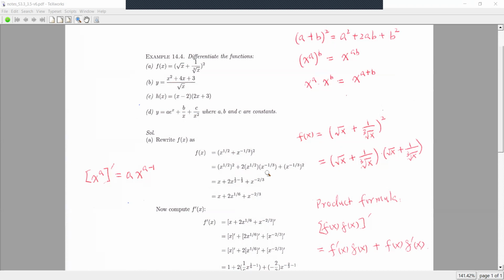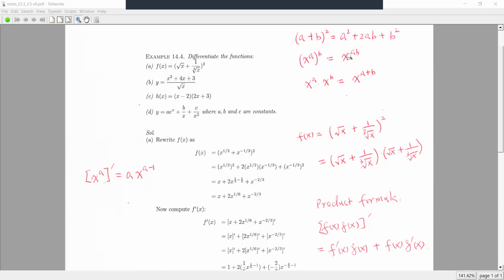Now this term, x to 1/2 times x to -1/3. I can use this formula to simplify it. By this formula, this product is x to 1/2 minus 1/3 plus this term, x to -1/3, then square.